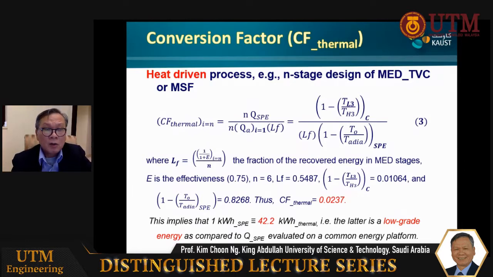In other words, 1 kilowatt hour of standard primary energy is equivalent to 42 kilowatt hour of thermal measured at very low temperature and pressure of 70 degrees Celsius and less than 1 bar. So in other words, this latter quantity, the thermal energy that we use to run thermal processes, is a very low-grade energy as compared with the standard primary energy.